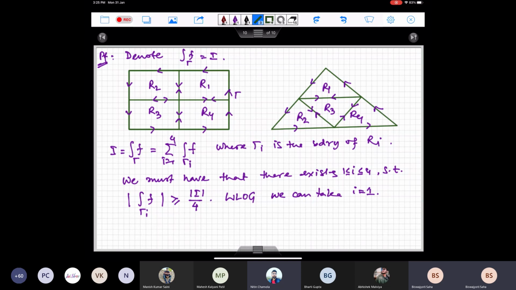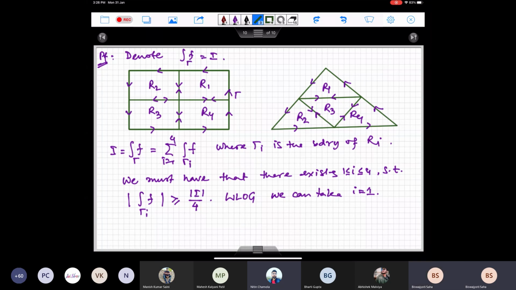But observe that if I take the length of the gamma i's, for example the length of gamma 1, how can I compare it with the length of gamma? Tell me. It's half.